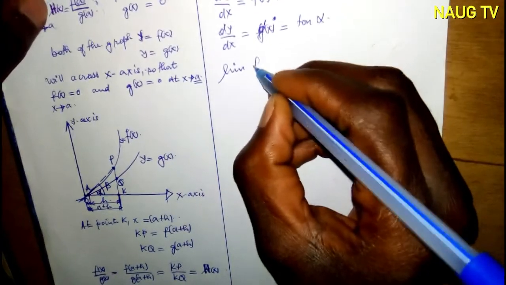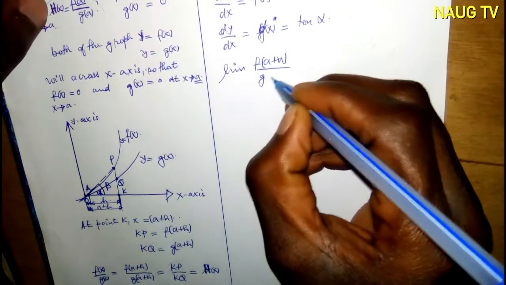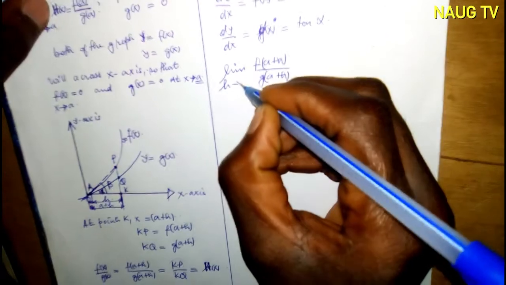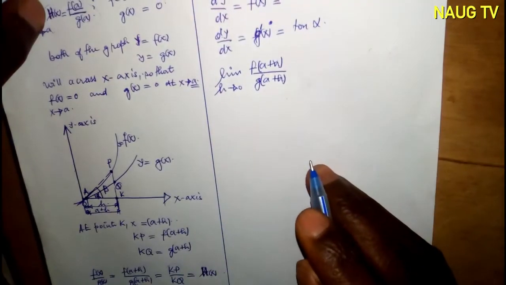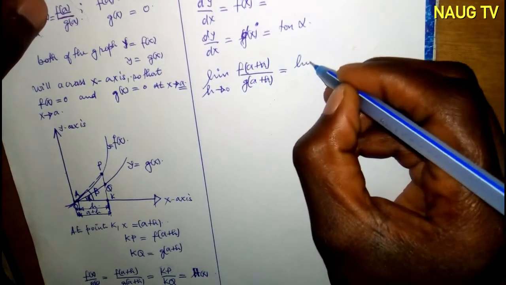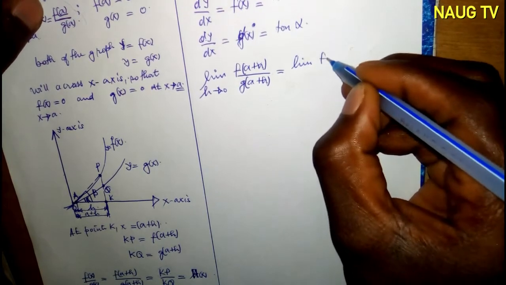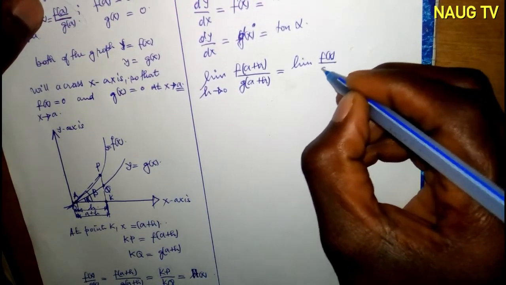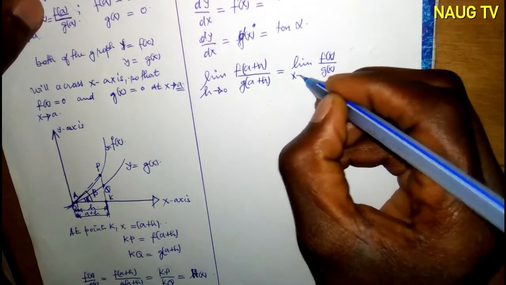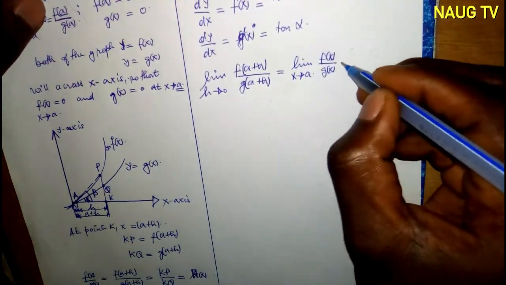So we can conclude by saying that the limit of f of a plus h over g of a plus h, as h approaches 0, would be equal to the limit of f of x over g of x, as x approaches a.